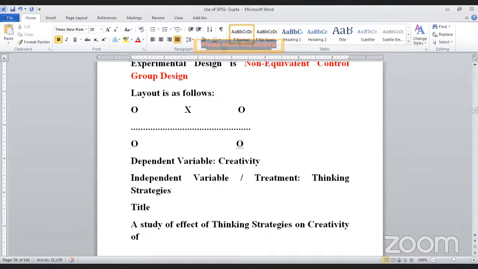Or I can write anything I write. Of teachers of private colleges of Gurgaon, which is Haryana.